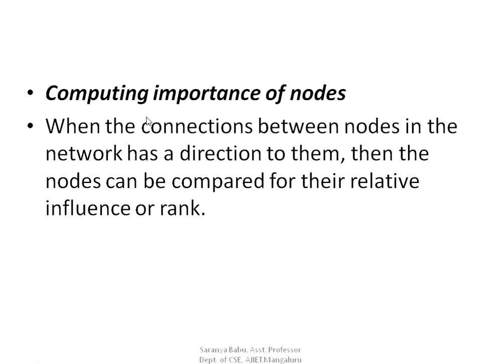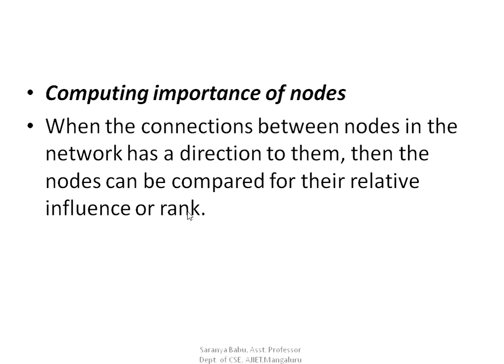Clear? Now these terms, importance, influence, and rank, will be used interchangeably for the purpose of this discussion. Whenever we say rank, influence, or importance, it is going to be used in common.